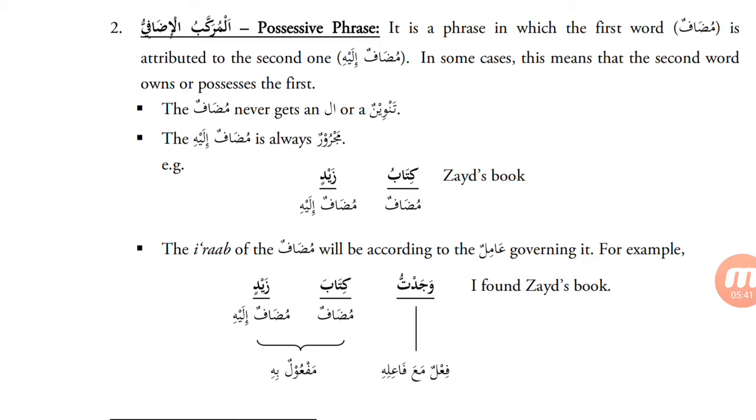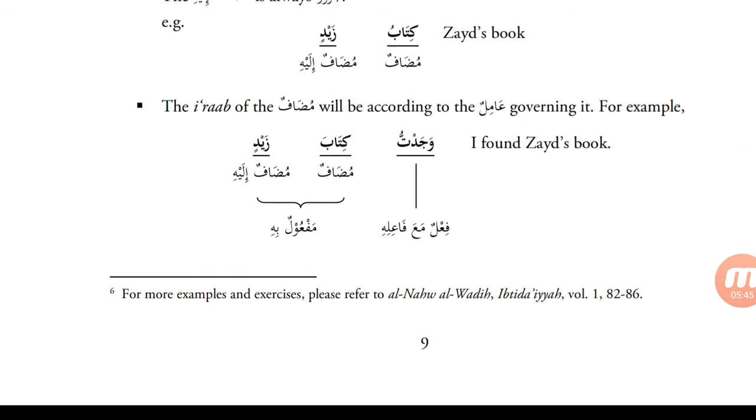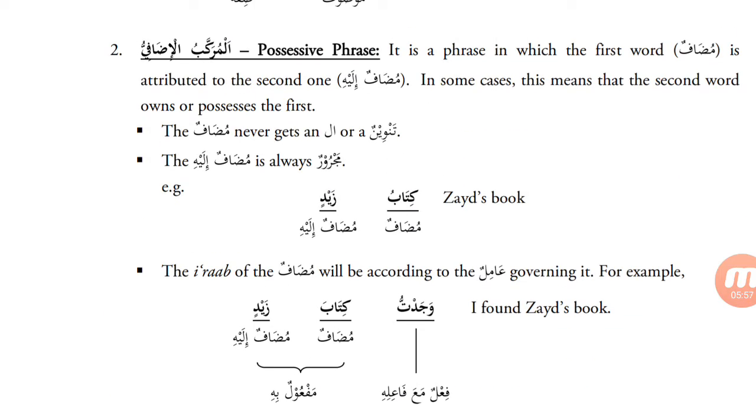So let's have a look at the example. Kitabu Zaydin, Zayd's book. So here kitab is mudaf, Zayd is mudaf ilayh. The one who possesses the item is known as the mudaf ilayh.